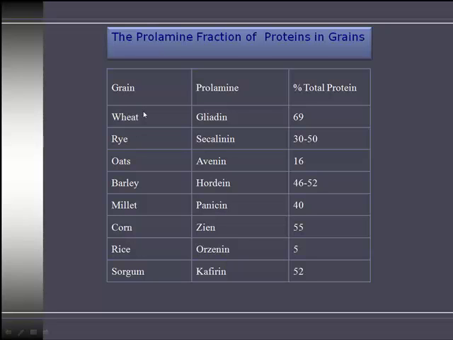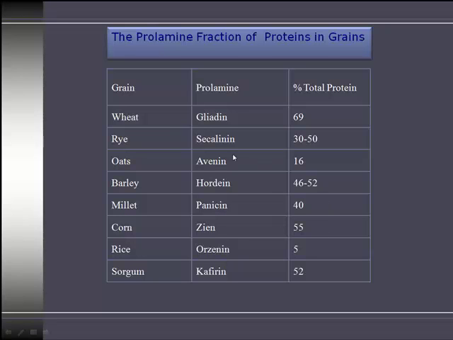So for example, in terms of wheat, the gliadin in wheat consists of 69% of the total protein found in wheat. So there's a lot of gluten in wheat, and that's one of the reasons why wheat is typically the most detrimental of all the grains when we're talking about gluten sensitivity.